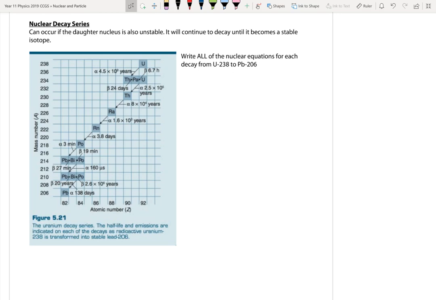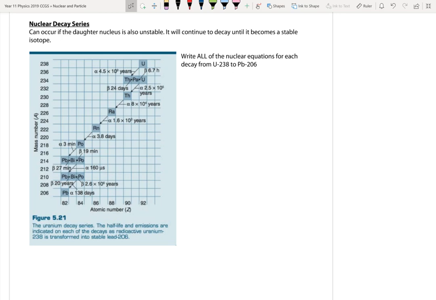Now, uranium, if you look on our poster, bismuth has been highlighted as an important isotope. It's that blue box, bismuth 83. What do you notice about bismuth as you look down the column of isotopes of bismuth? What do you notice?